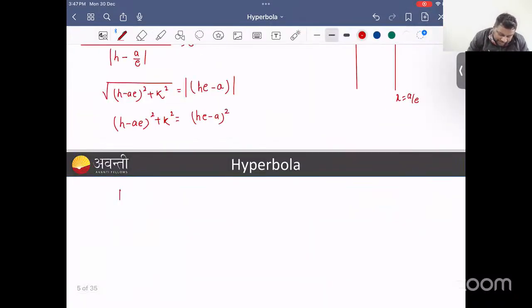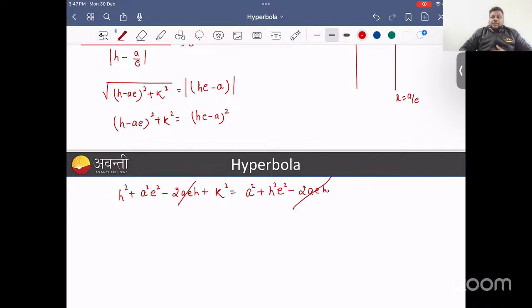Now simplify. This will be H square plus A square E square minus 2AEH plus K square equals A square plus H square E square minus 2AEH. This 2AEH cancelled. Understood?